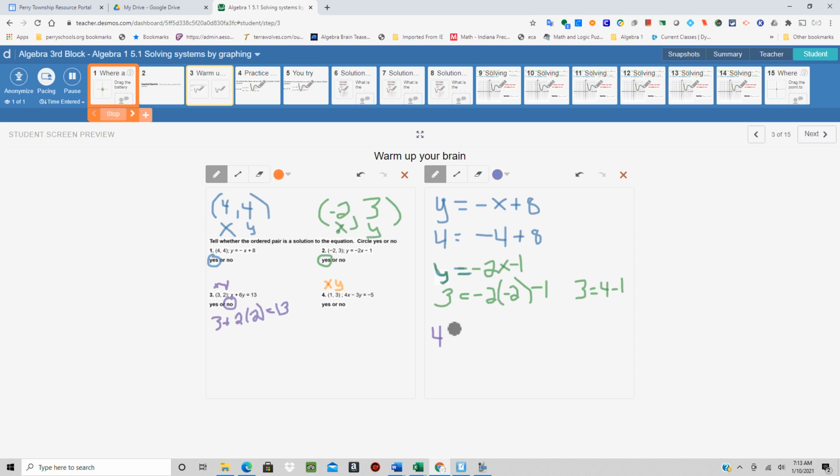So 4 times 1 minus 3 times my y is 3 equals negative 5. 4 minus 9 equals negative 5. Now 4 minus 9 is negative 5. So I'm ending up with two things that equal each other. That one is a yes.